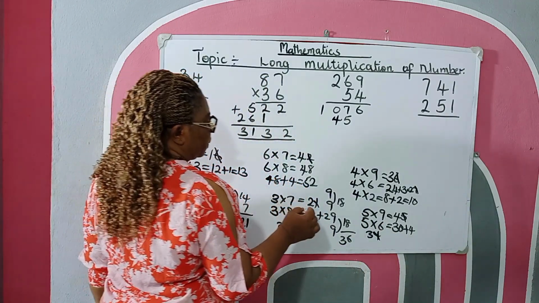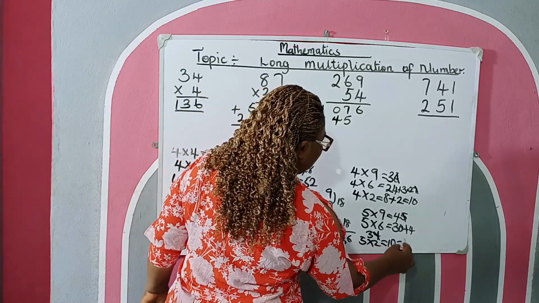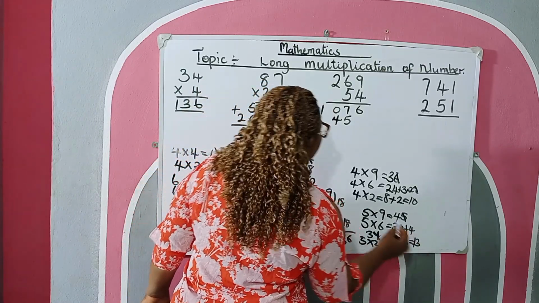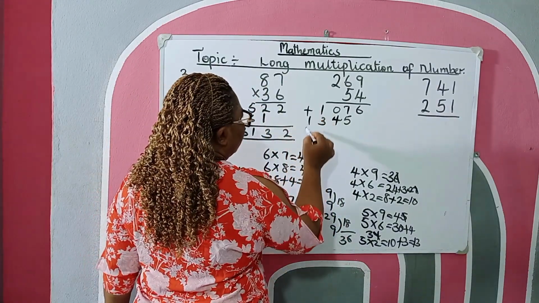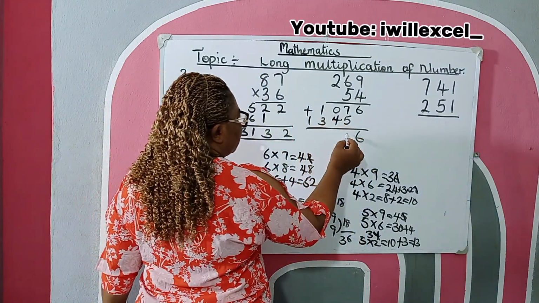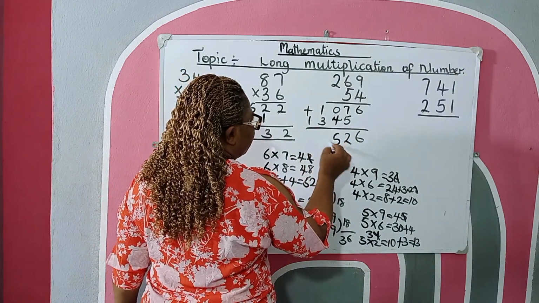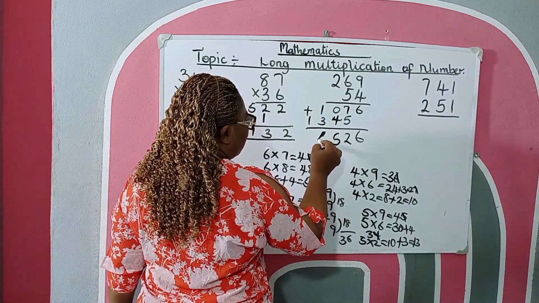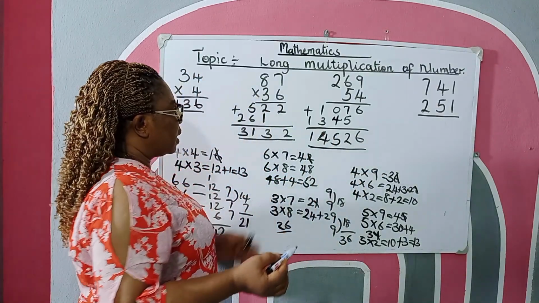Remain 3. 5 times 2 will give us 10. 10 plus 3 will give us 13. And we come and write 13. And we add up. 6. This plus this will give us 12. Carry 1, put here. And we have 5, 3, 4, and 1. See? This is the answer to this.